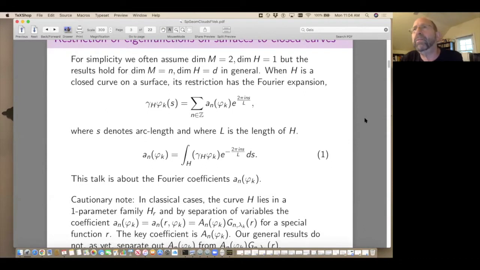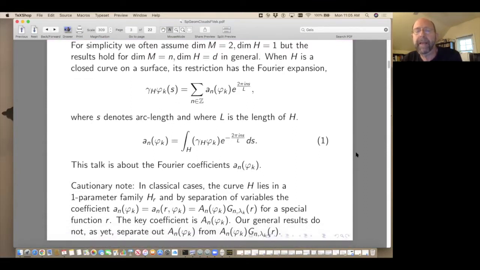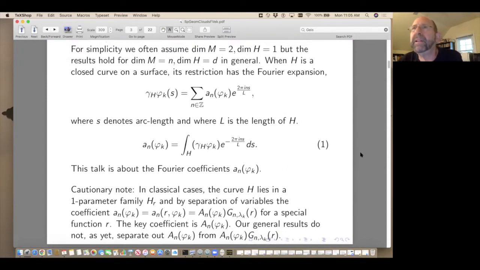And so if the submanifold is a circle, a closed curve, then we can expand the restriction of the eigenfunction as a Fourier series on the submanifold, and here s represents arc length, and we get certain Fourier coefficients a_n, which are given by the obvious formula, but we're restricting the eigenfunction to the curve, and this is really a parameterized curve here. So my talk is about these Fourier coefficients, the Fourier coefficients of the restriction.